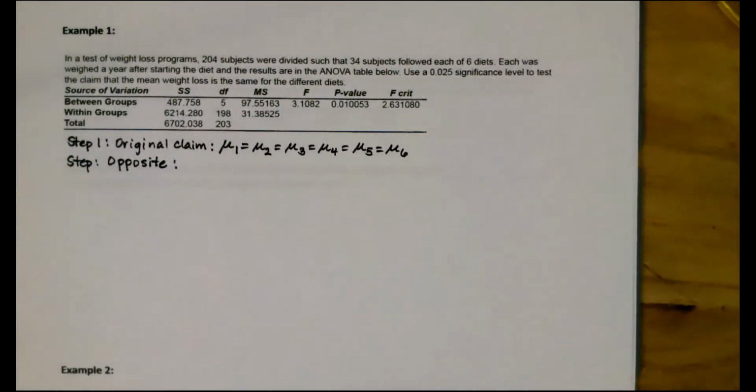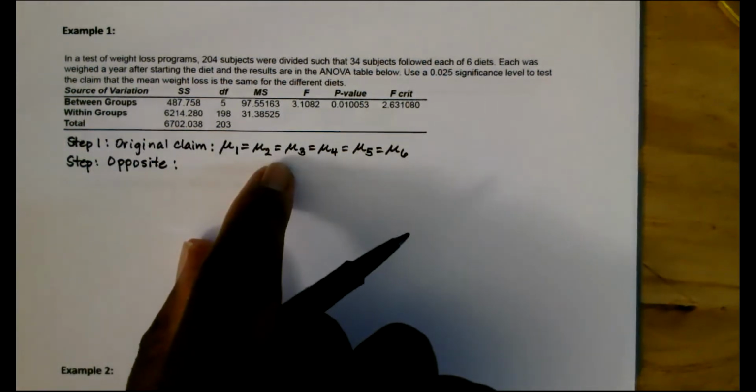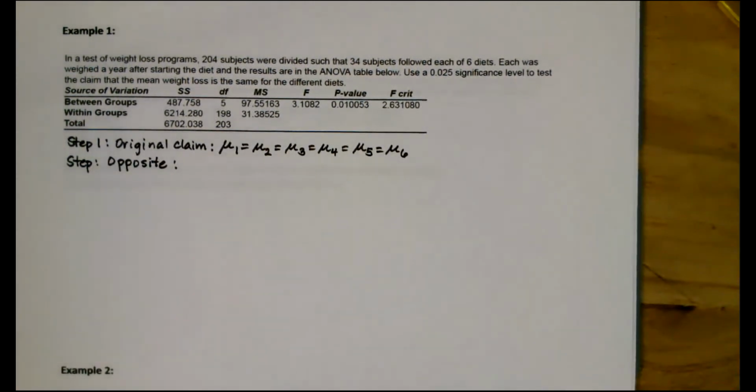Now, step number 2 is the opposite of the original claim. We can't say mu sub 1 is not equal to mu sub 2, not equal to mu sub 3, and so on, because that would be too extreme an opposite of the original claim. We only want at least one of the means to be different.